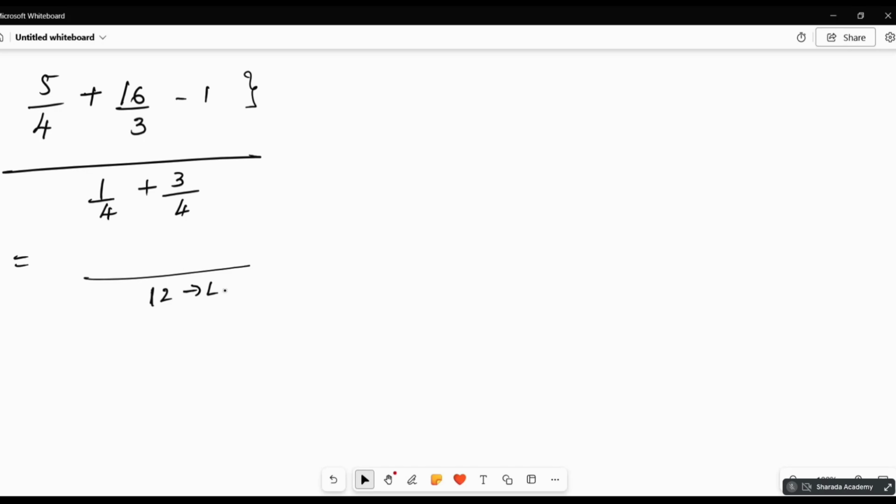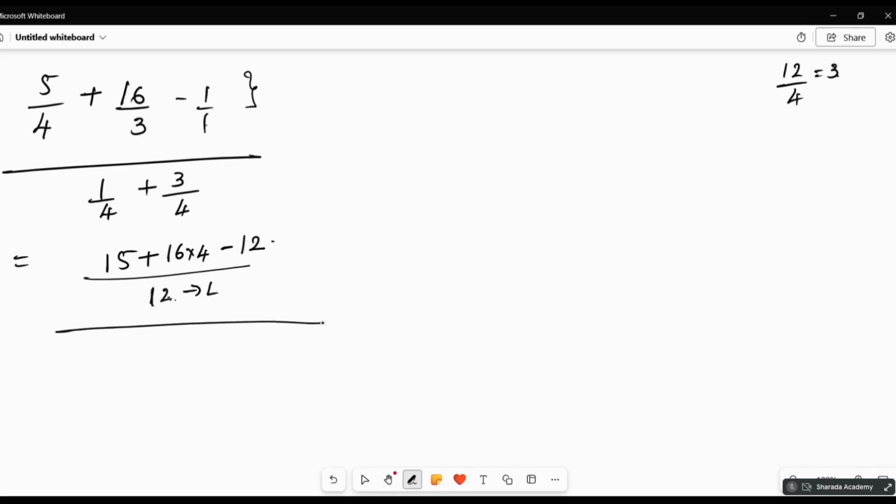So LCM is 12. LCM divided by denominator: 12 by 4 is 3. This 3 you multiply with the numerator, so 5 into 3, 15. Plus 12 by 3 is 4, 4 into 16. Minus, then here LCM is 12, denominator is 1, 12 by 1 is 12, 12 into 1, 12.